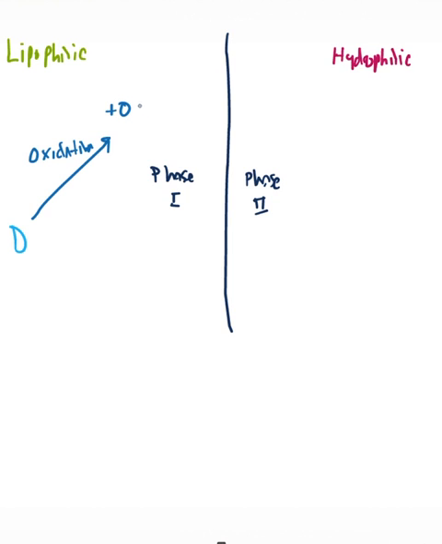If I add an oxygen, then I'm adding something that really likes to get a hold of electrons, because oxygen is highly electronegative. So when I do that, I'm going to make a metabolite that is electrophilic. It is an electrophile. As a general rule, when I go through oxidation, I add an oxygen and I make an electrophile.